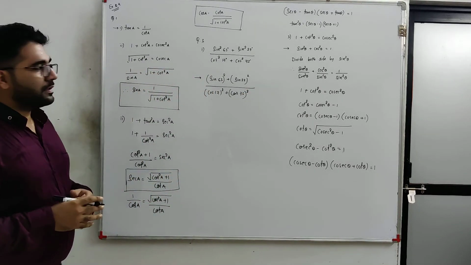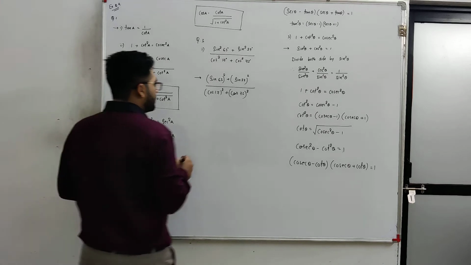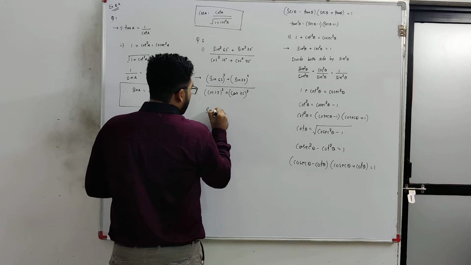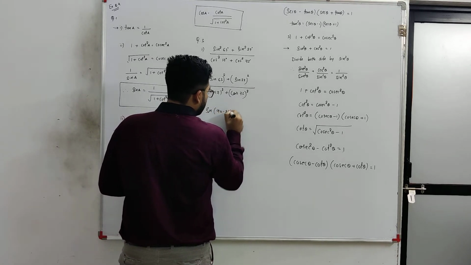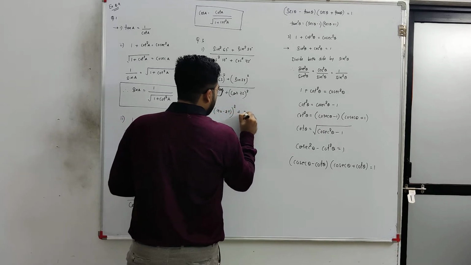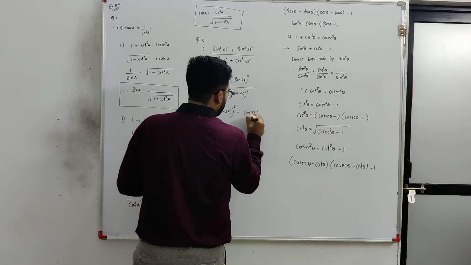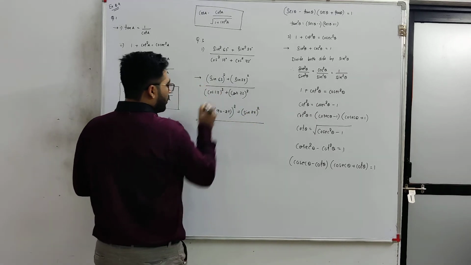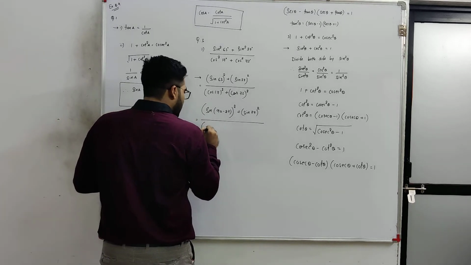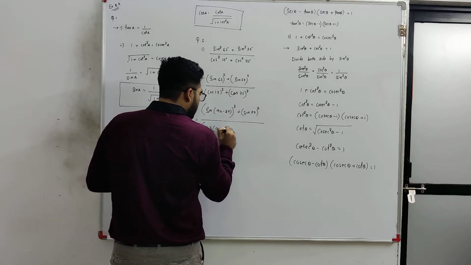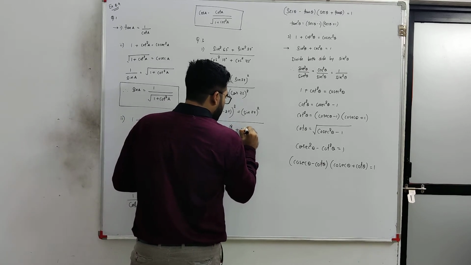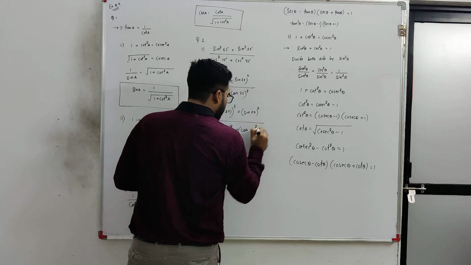So how can we write sine 63? Here I need the complementary angle concept. Sine 63 is equal to sine of 90 minus 27, and the other term I keep as it is. Same way, cos 17 I write as cos of 90 minus 73, whole square, plus cos 17 whole square.